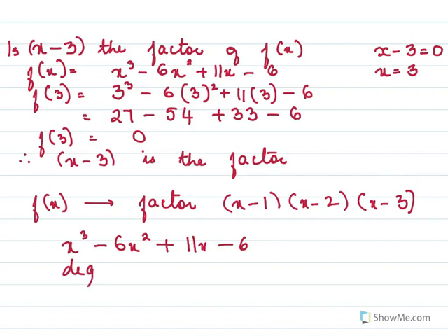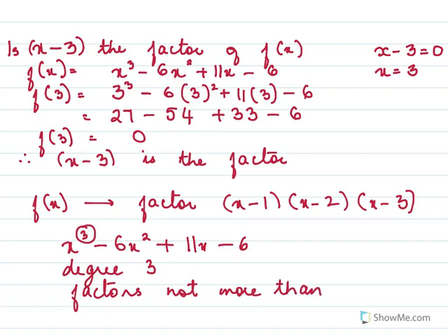The degree was 3, so it will have no more than 3 factors. So this was my factorization. This is one method of doing the sum. We can do the same sum by the division method.